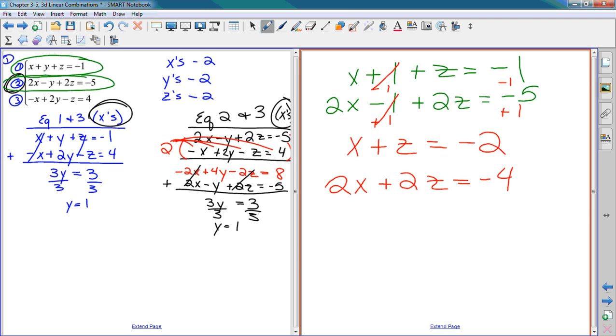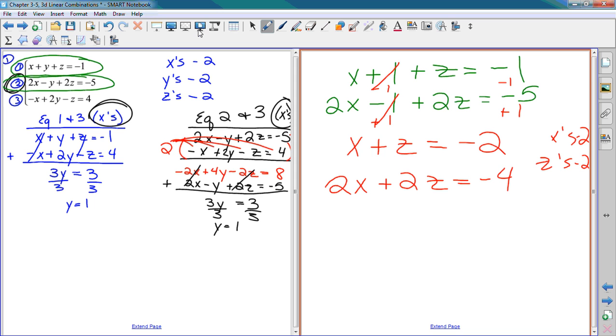Now, you have 2 equations with 2 variables. You've done these already. You should be fine. We're going to review in case you forget. The first thing I want to do is look at my x's and z's and figure out which one I want to eliminate. Well, they're both exactly the same, 1 and 2, 1 and 2. So what do I need to multiply the top one by?